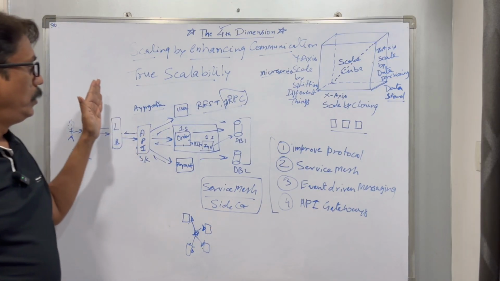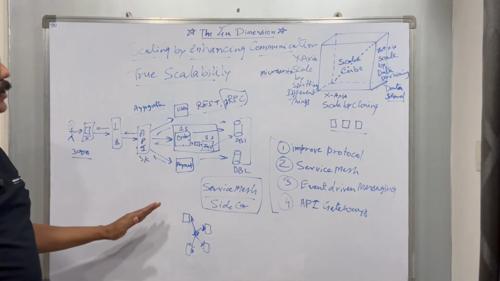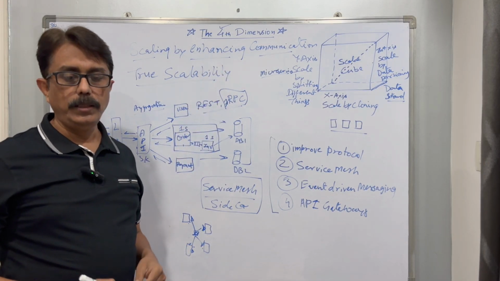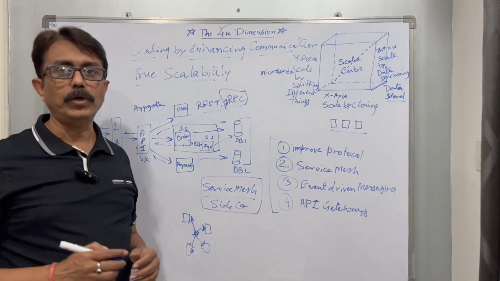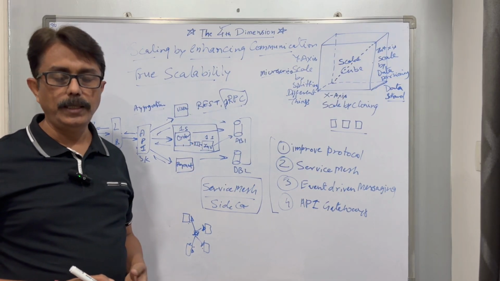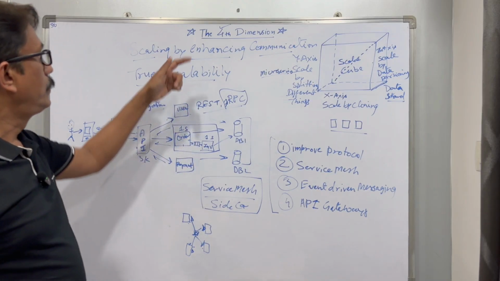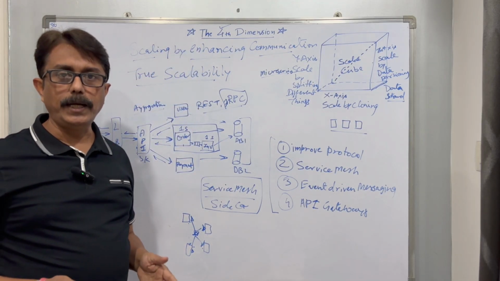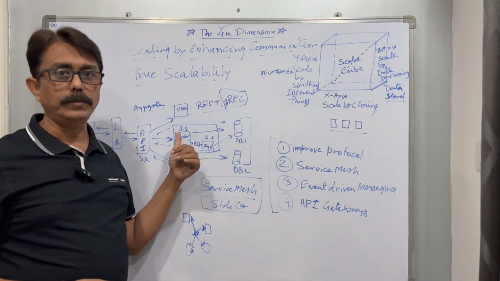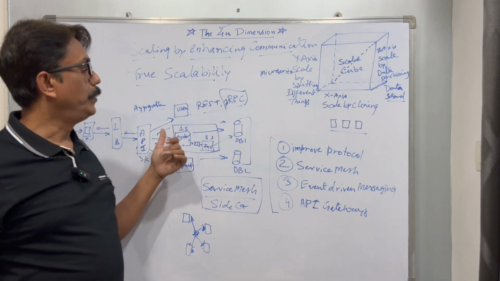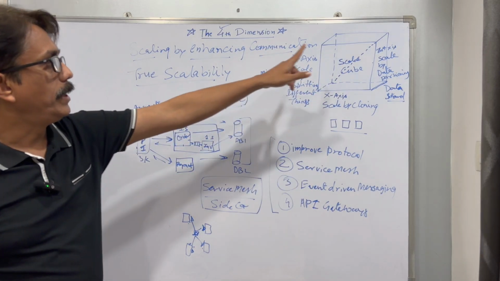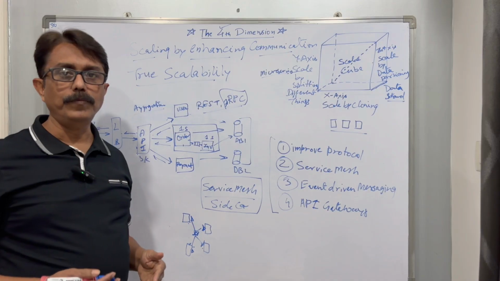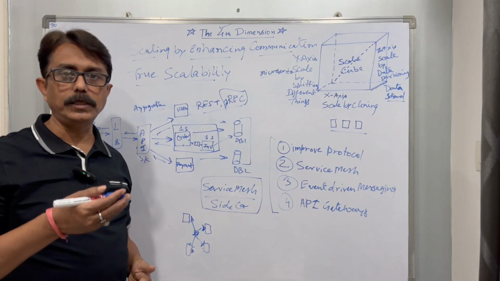So what we have seen here, based on that, what I can say is that without the 4th dimension, true scalability is not possible for a system. And this 4th dimension we can use as a primary tactic or pattern to scale a system. Many times, before thinking about any other dimension, before adding a new server, we can see how we can improve the communication to scale this system.